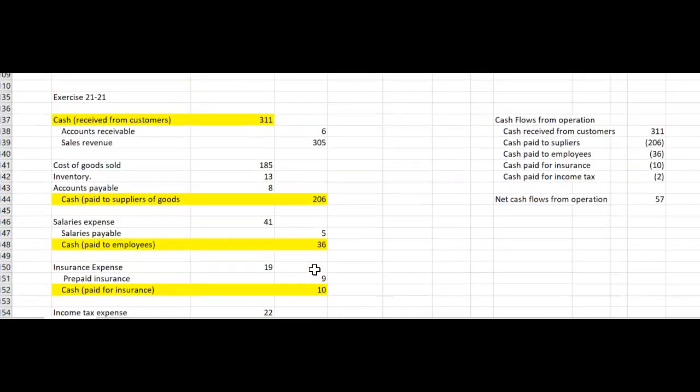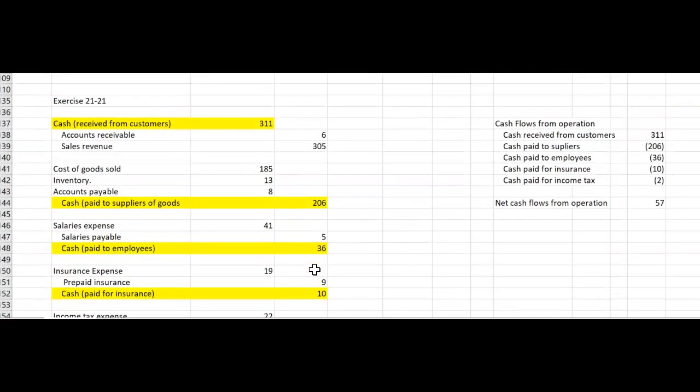Then they ask us to do cash flows from operations, and we just take the calculations we just made. Our cash received from customers would be $311. The cash paid to suppliers would be subtracted at $206. Cash paid to employees would be subtracted at $36.